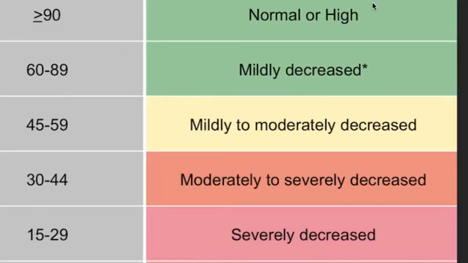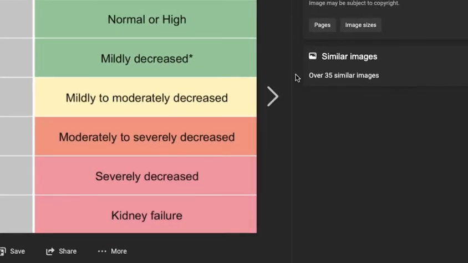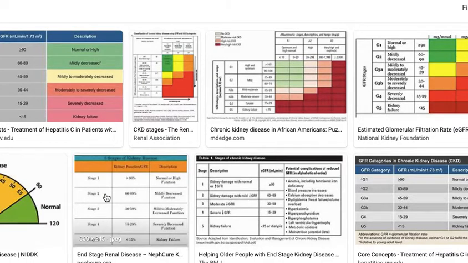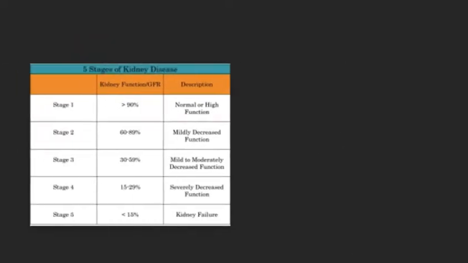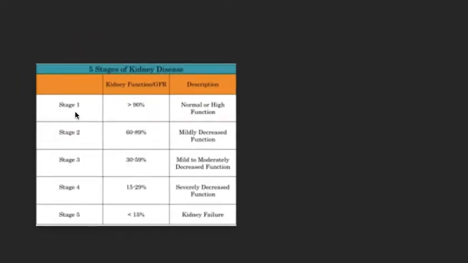See, they say stage 1, stage 2, stage 3, stage 4, stage 5. So see, stage 1 is when the GFR is more than 90, stage 2 is when GFR is 60 to 89, mildly decreased function, then stage 3, stage 4, stage 5, like this way, right?